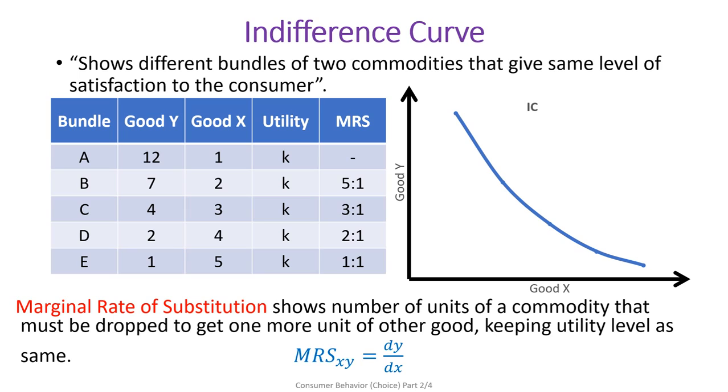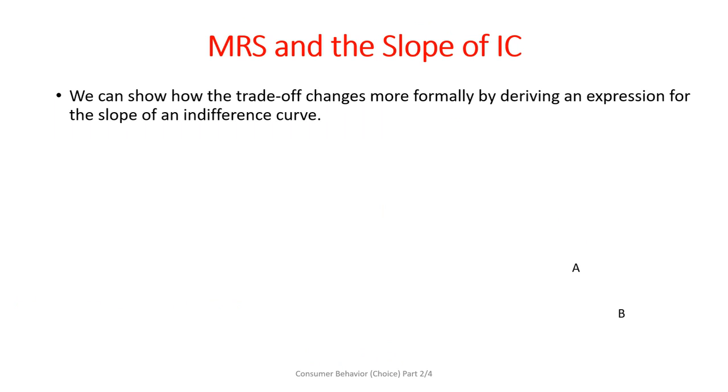That is, it shows the rate of change in commodity Y and commodity X. Students, the marginal rate of substitution is also called the slope of the indifference curve.